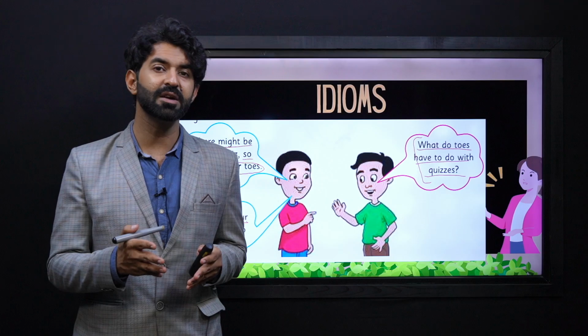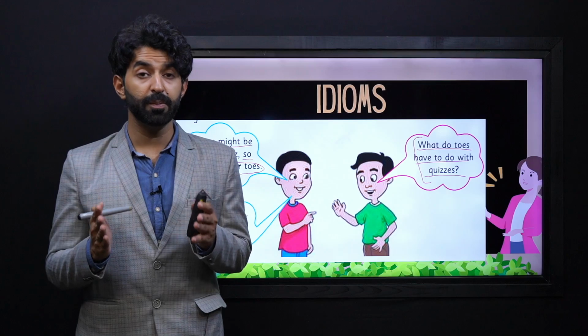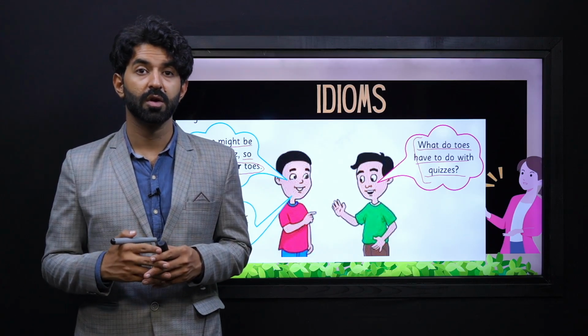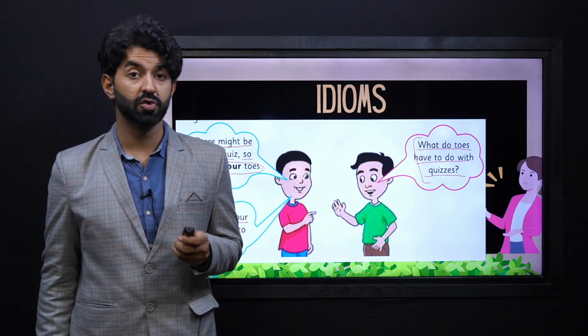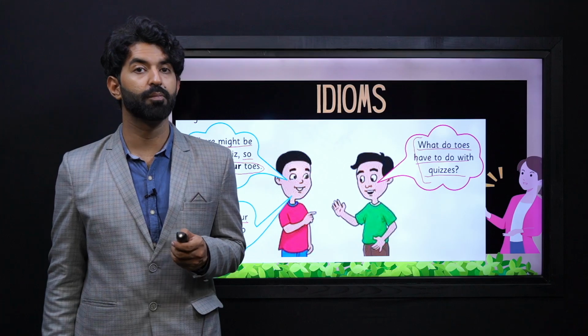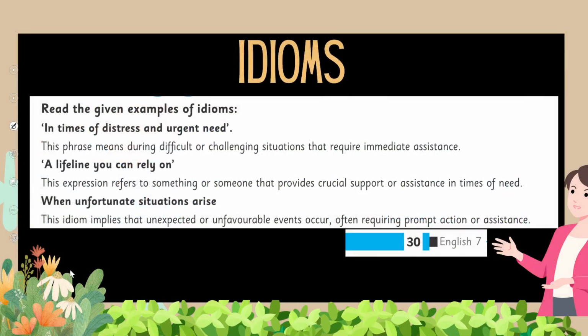So normal sentences versus idiomatic sentences. People will remember your idioms when you use them and they will get your message effectively. So this is why idioms are very important. Let's talk about reading the given examples of idioms. This is from your book, page 30.